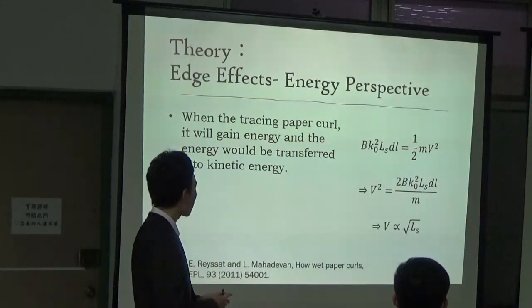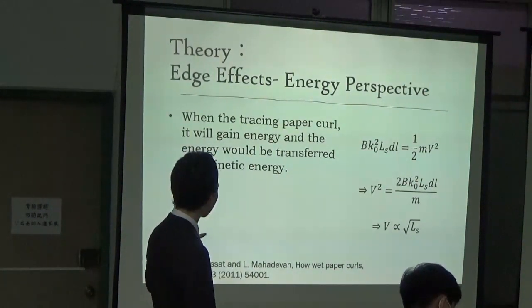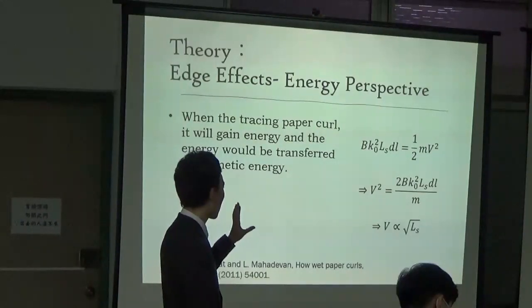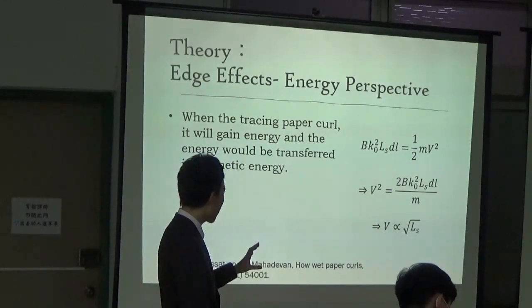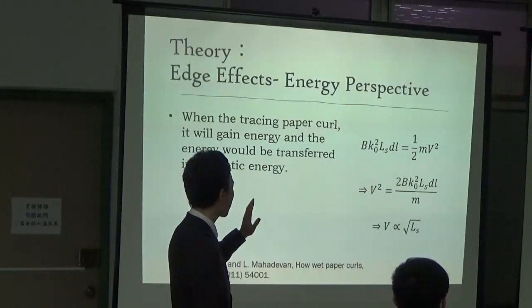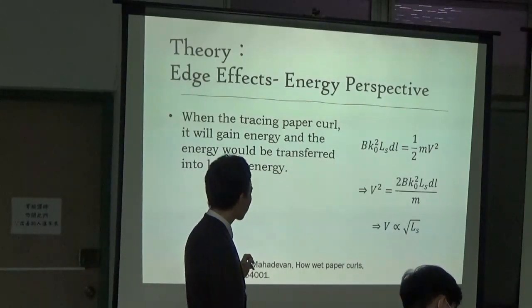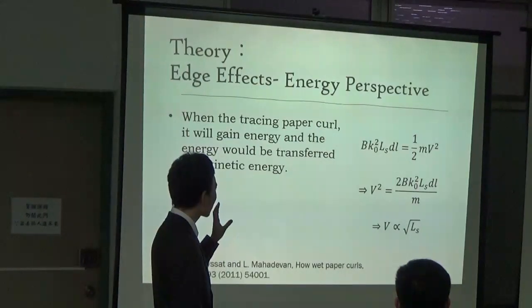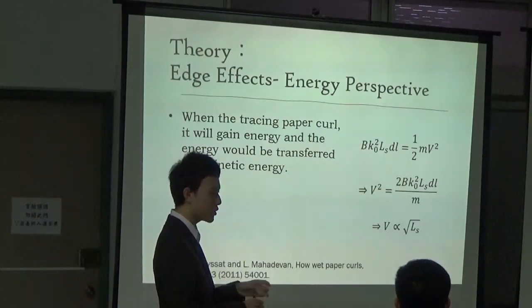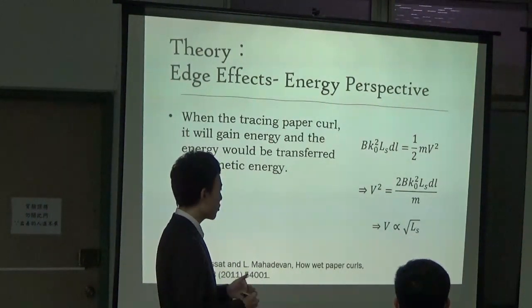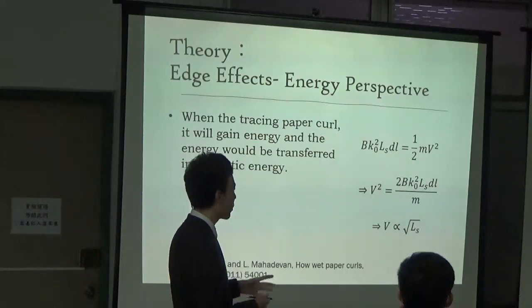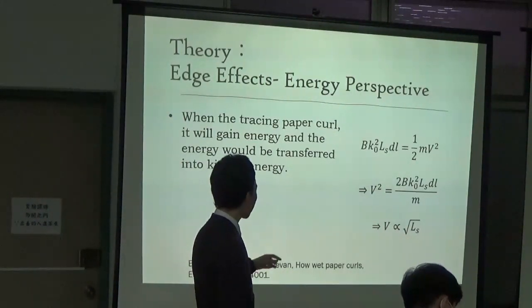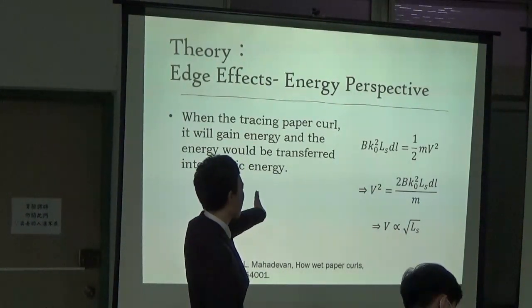So then I'll be talking about how the edge effect will have an effect on our curling speed. From the equation we can see that when the edges want to straighten out, it will obtain energy.